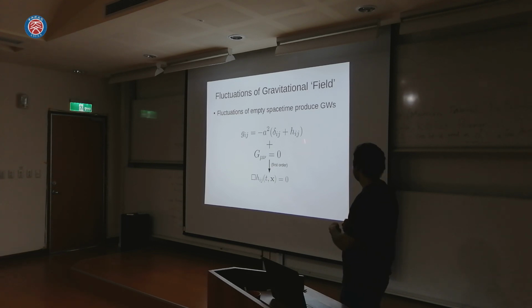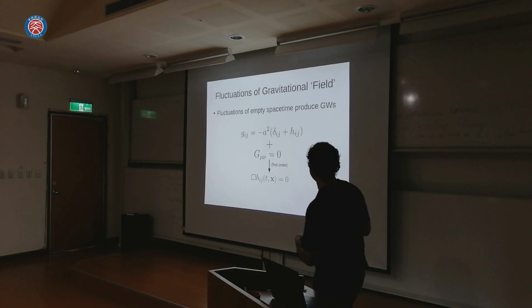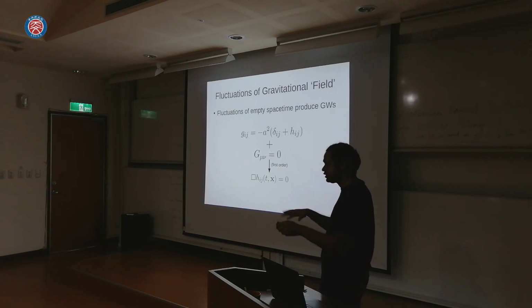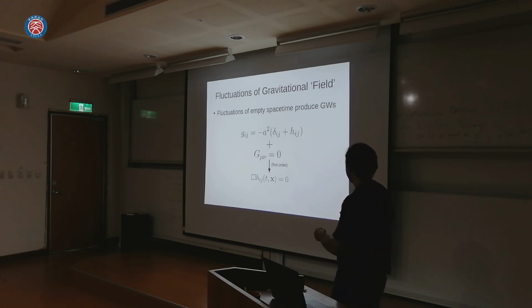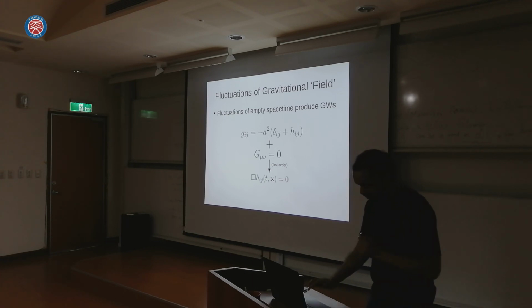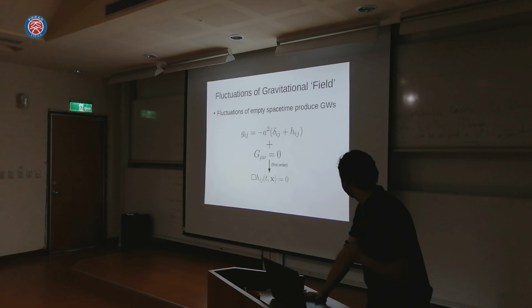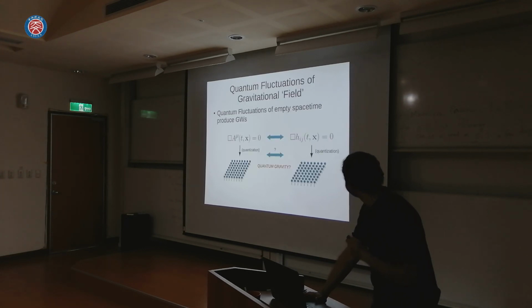Then if we add to this the Einstein equation for gravity, it just says that in empty space-time, the Einstein tensor should be equal to 0, so there are no sources. Then we get the following equation for the gravitational waves. Now let's try and make an analogy with the electromagnetic case.